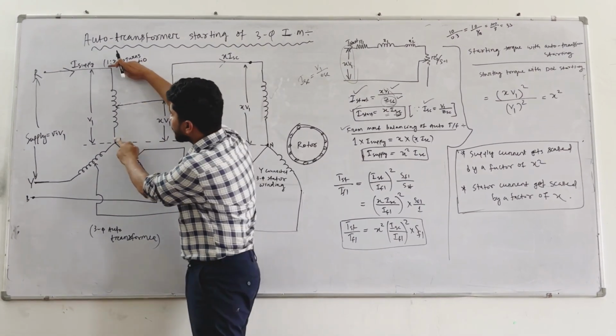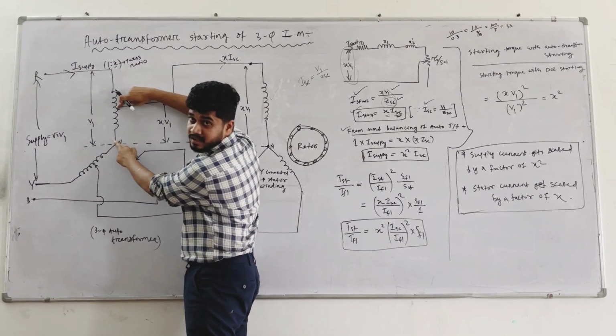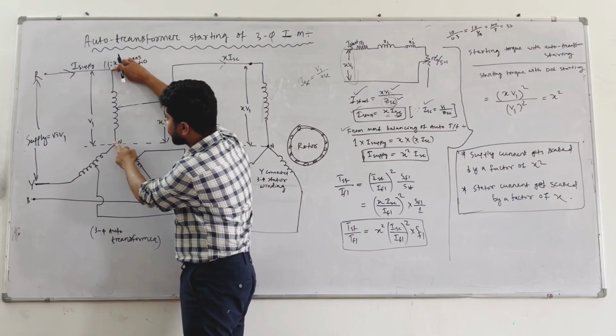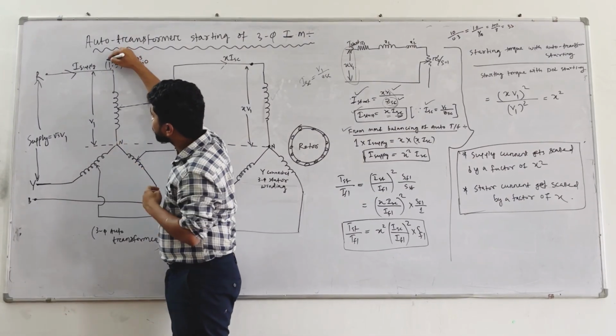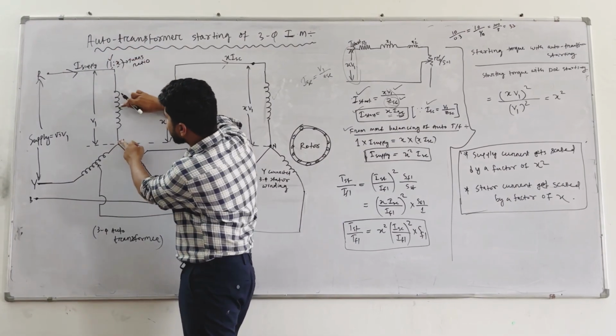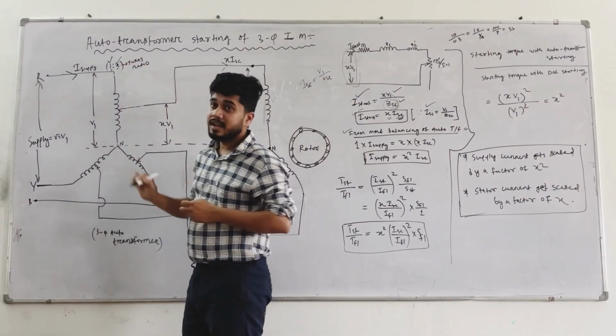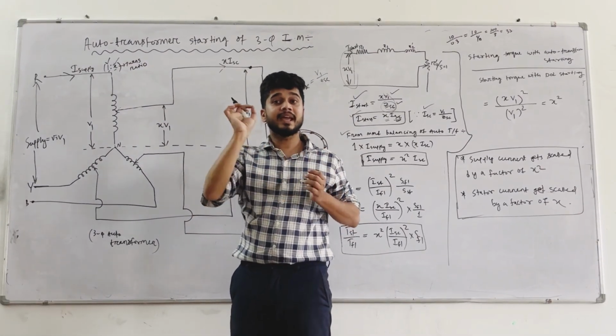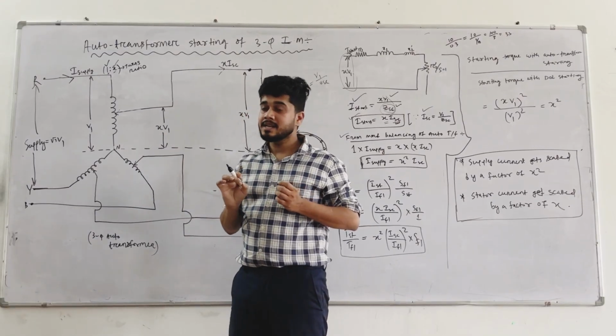So this one is my primary and this much is my secondary. If this is the amount of turns at 1, then this amount of turns is X. If one turn is there in the primary, X turns are there in the secondary.